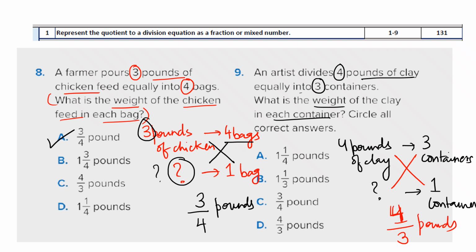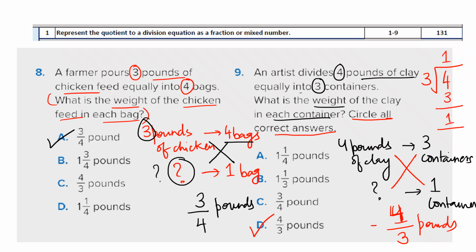So this is one correct answer. But if you want to convert into a mixed fraction, because if you read the last line carefully, circle all correct answers. So it may be there is more than one answer. So here I write as fraction. Now I can also convert to mixed fraction. How do we do it? 4 divided by 3. So 3 times 1 is 3, and what is the remainder left? 1.